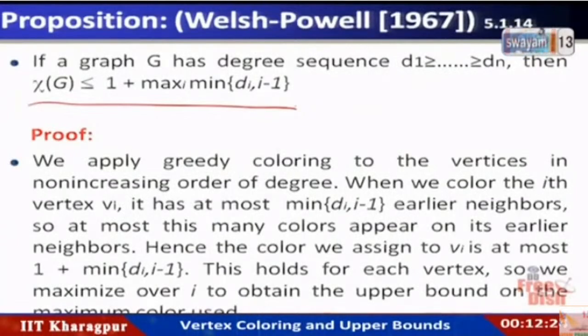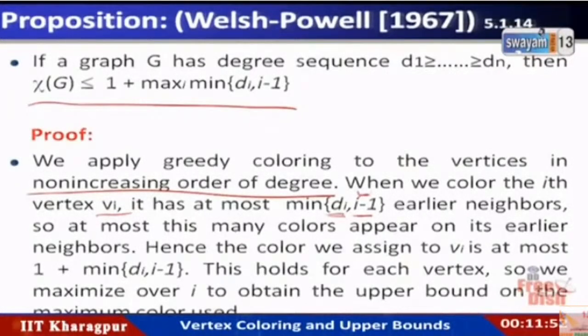So we apply greedy coloring to the vertices in the non-increasing order of the degrees. Now when we color the ith vertex Vi, it has at most either di earlier neighbors, or, if i minus 1 is lesser than di, then the minimum of either the degree or i minus 1.